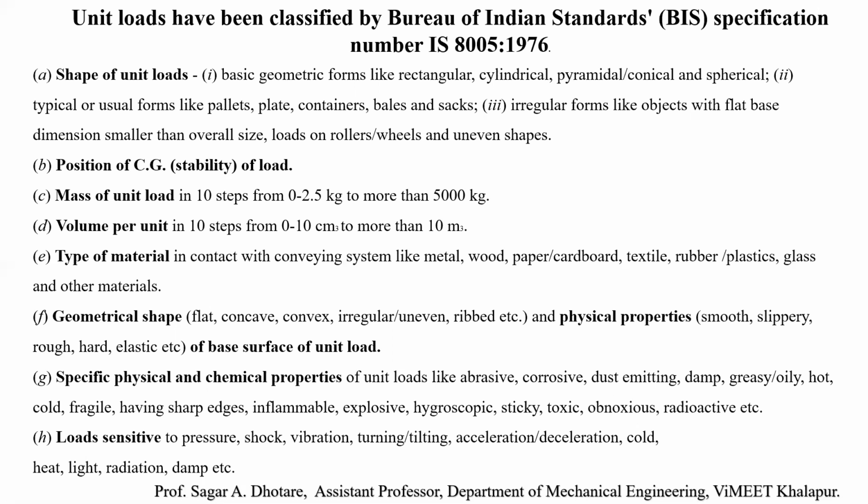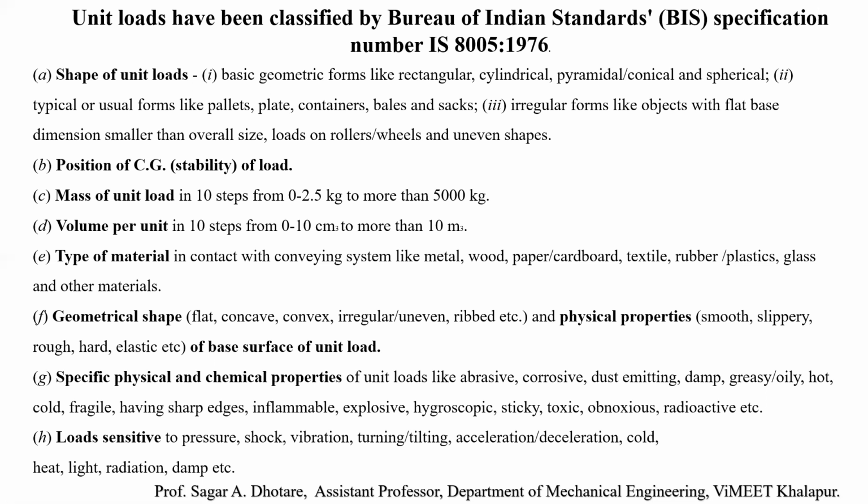Then the second classification is the position of the CG of the load, whether it is stable or unstable. Third, based on the mass of the load, it could be in steps from 0 to 2.4 kg up to more than 5000 kg.